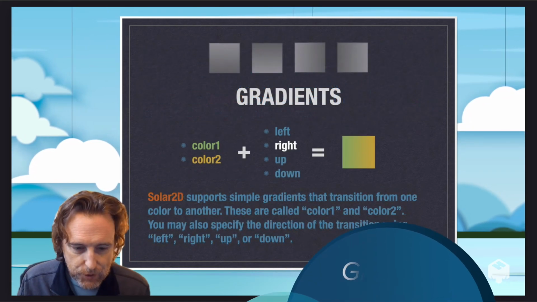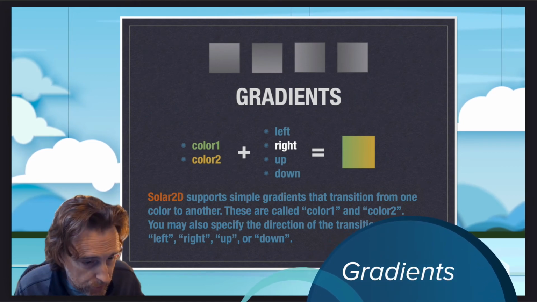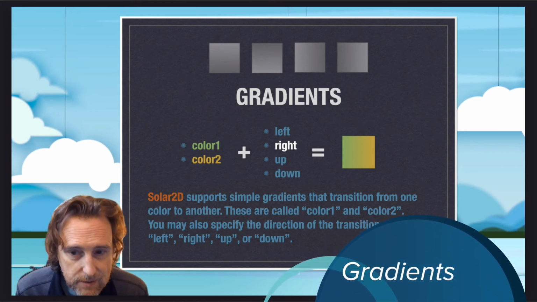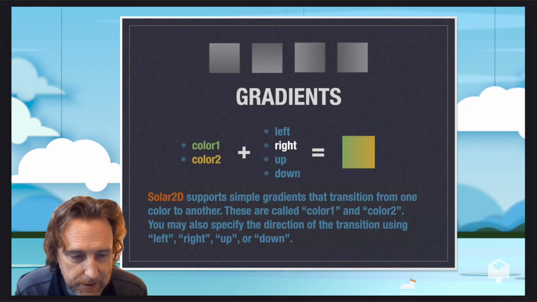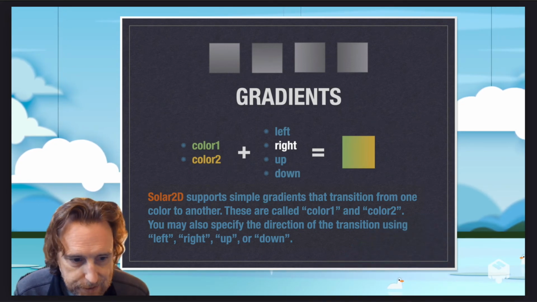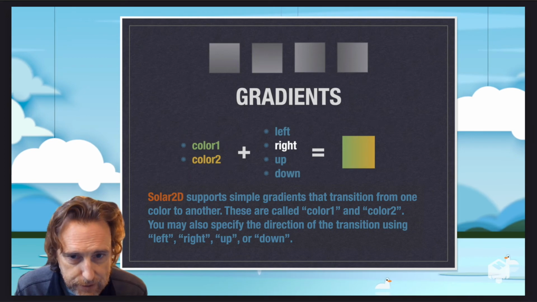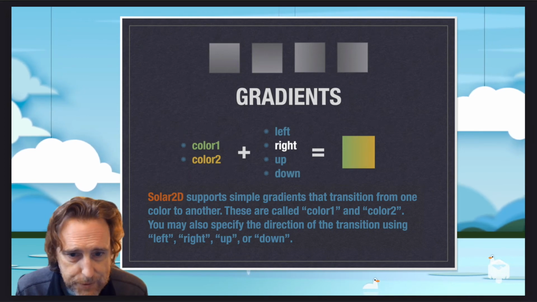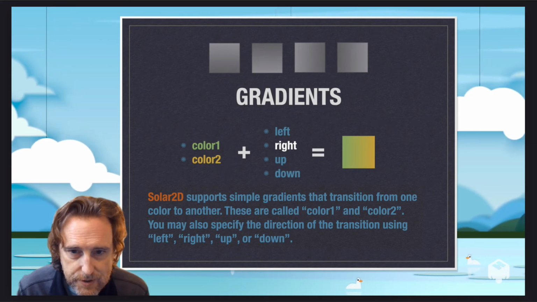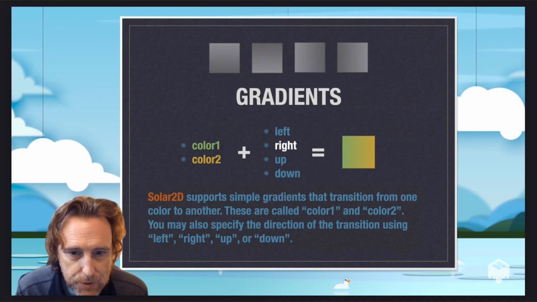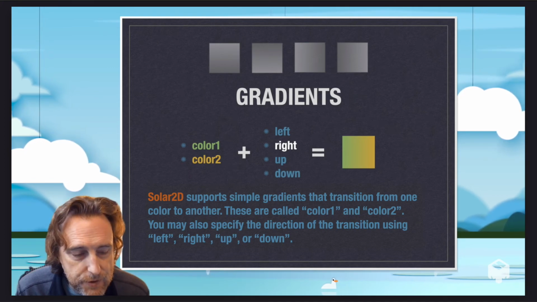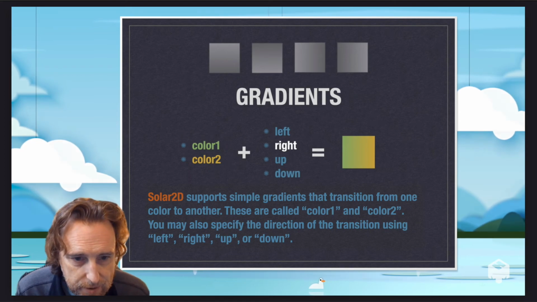Okay, then gradients. Sure, solid colors are great. Everybody likes solid colors, but gradients are a step more fun. So a gradient is just a blending of colors. Solar 2D supports just this single two-color gradient. So you select both of the colors.